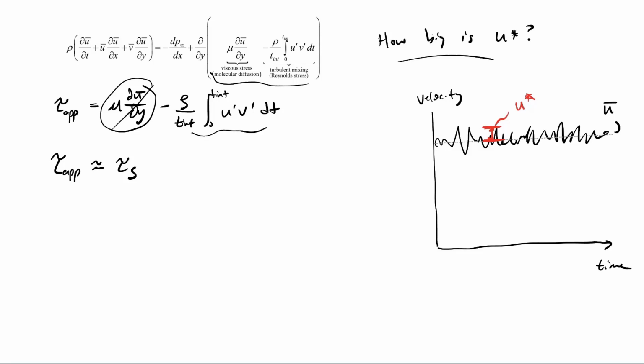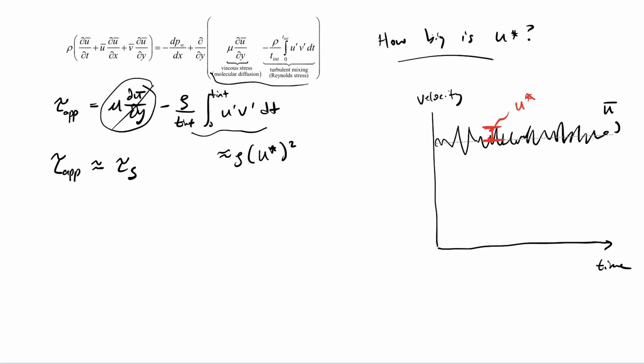Then this whole integral is approximately, in order of magnitude, equal to rho times u prime, and what's the magnitude of u prime? We decided it's called U star, and likewise V prime. If U prime and V prime are about the same, this ends up being U star squared.